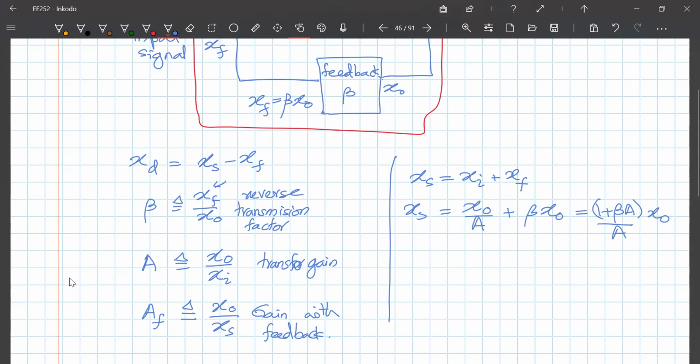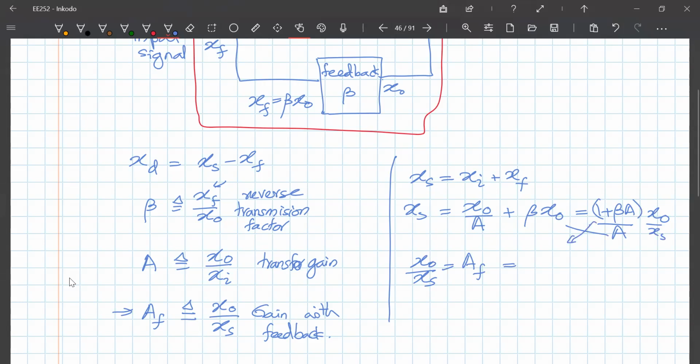If you want, you can write X out divided by XS, which is equal to AF, the gain with feedback. It equals 1 over this value, so you take this to the other side and do the multiplication.